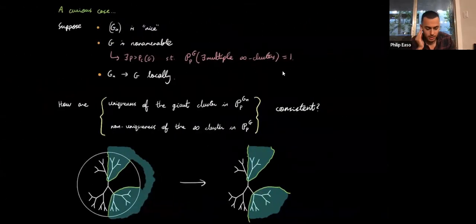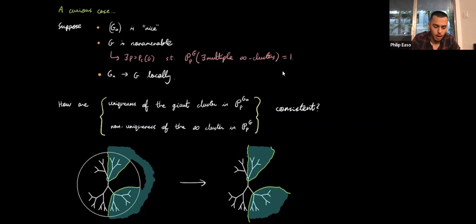So this brings me to a maybe initially surprising thing. Suppose you have a sequence of graphs that are nice, in whatever that means, and they converge locally to a non-amenable graph. By the conjecture about non-amenable graphs and the infinite cluster, there should be some supercritical parameter P where you have multiple infinite clusters, actually infinitely many.